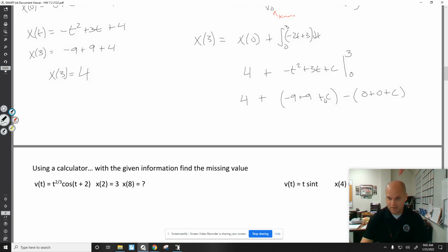Negative 9 plus 9 is 0 plus c, and then 0 plus c. The c's will go away. The c doesn't matter. And we get just this 4. Same answer, just we got it a different way.